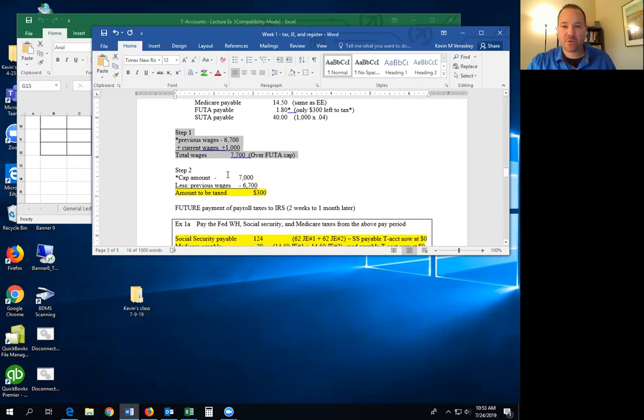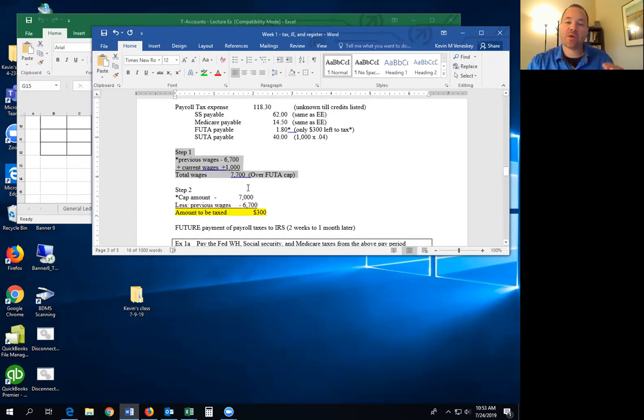Come down to step 2 and figure then how much do you have left to get to the cap. So if you're at 6,700 right now with your current wages and the cap starts at 7,000, you only have 300 left that's taxable and then nothing because you're over the $7,000 mark.